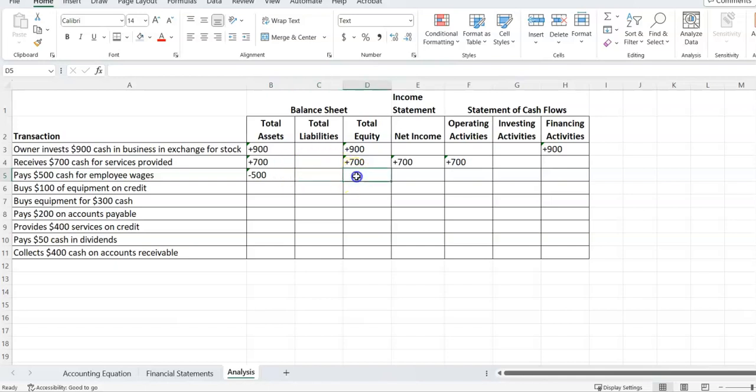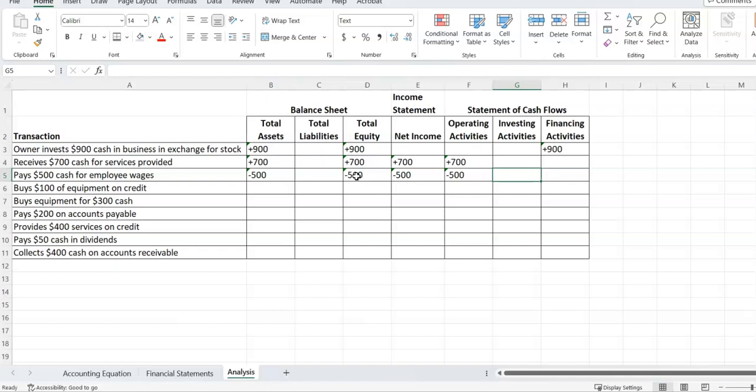So this is an expense or a reduction in our retained earnings. It also ends up on our income statement as an expense, so minus $500. And it is an operating activity because it's one of the things that we have to do to operate our business on the statement of cash flows. So those are the effects to financial statements as part of that transaction.